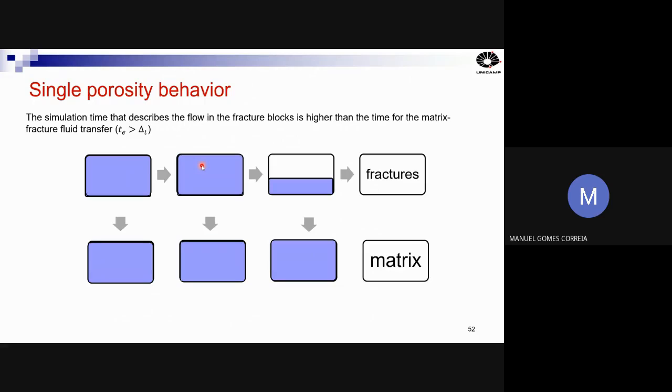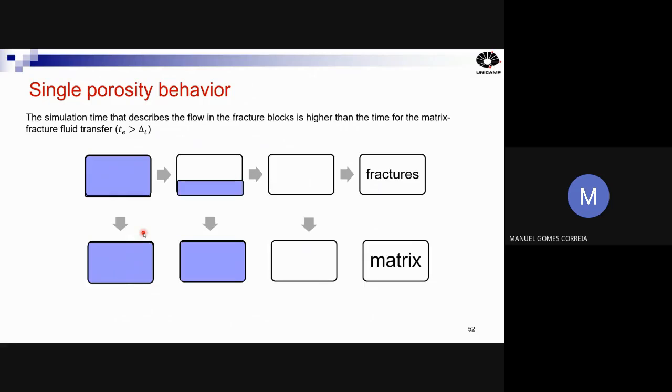So it's quite different from the previous phenomenon, because in the last one, as you remember, the water was here, imbibed or drained the oil that was here only partially, and water was already in this block. Here now you have the physical phenomena in the same space, okay? So the water enters in the fractures and rapidly it enters in the matrix.